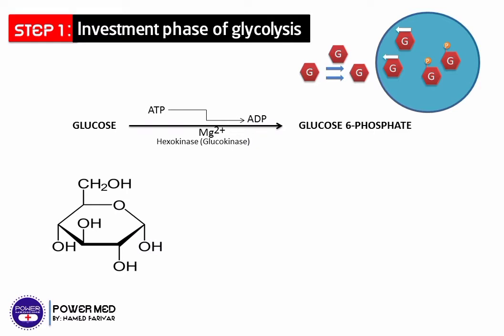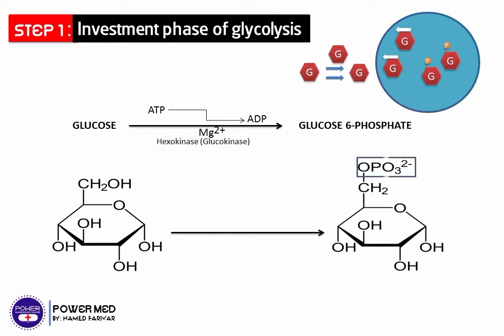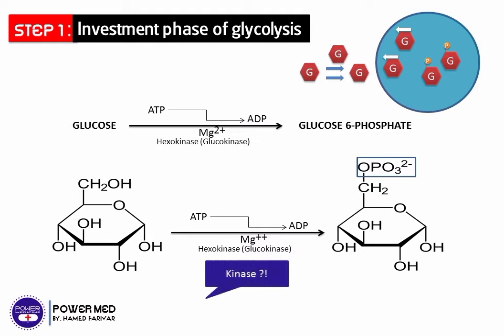Structurally explaining, you can see here the glucose structure, which is going to be converted to glucose 6-phosphate by attaching one phosphate group from ATP to carbon number 6 of glucose. Again, this reaction is catalyzed by hexokinase. Now, what about hexokinase? Hexo means 6, and kinase has to do with transferring a phosphoryl group. And here, the phosphate group is transmitted from ATP to glucose.